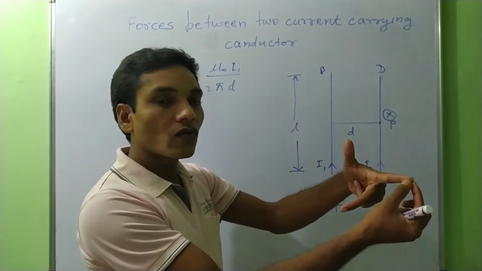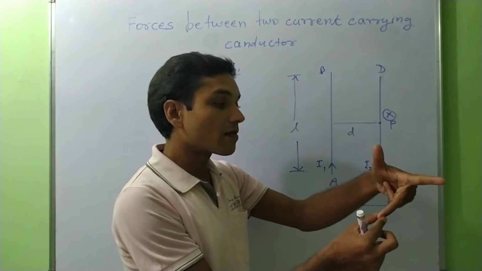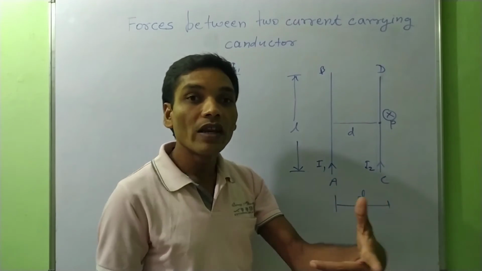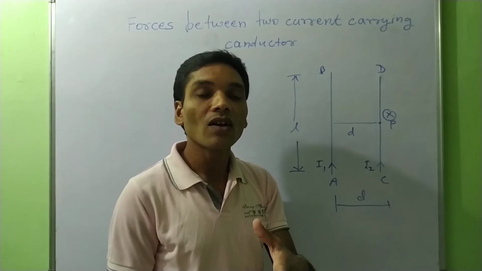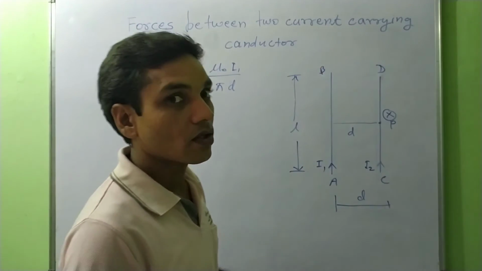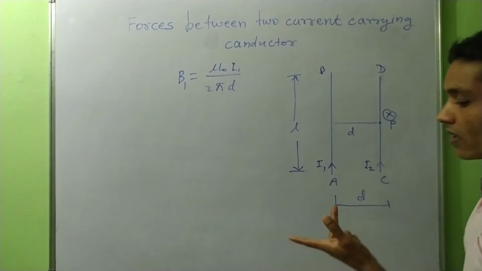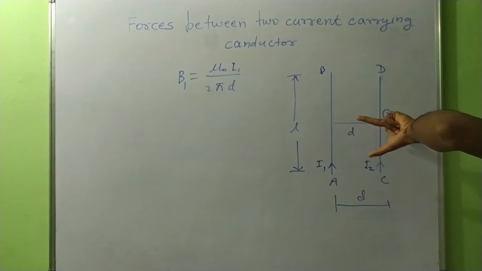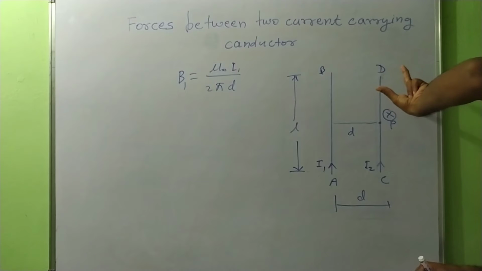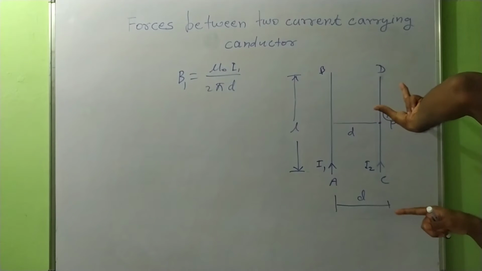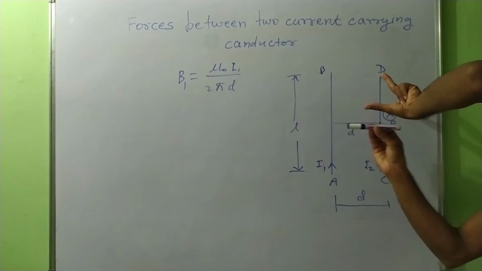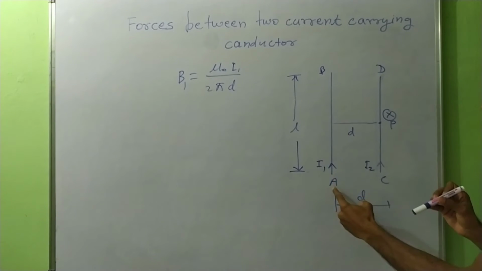If the forefinger shows the direction of the magnetic field and the middle finger shows the direction of current flowing through the conductor, then the thumb shows the direction of force acting on the current carrying conductor placed in the magnetic field B1 of AB. The magnetic field is inward, and the direction of current is from C to D. Then the force on the conductor CD will be along the direction of the thumb, which is towards the conductor AB.